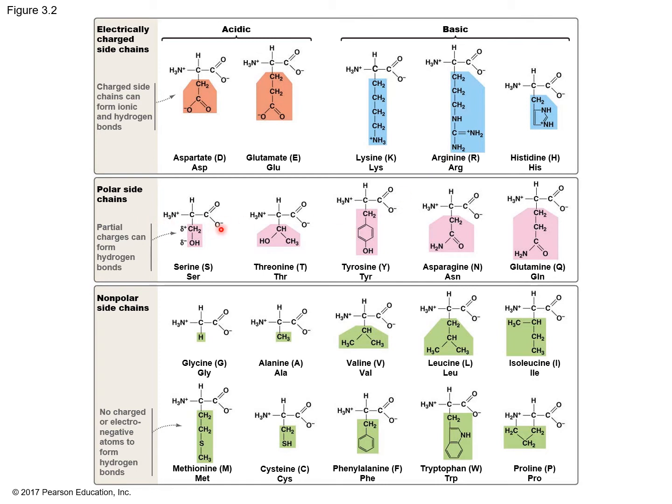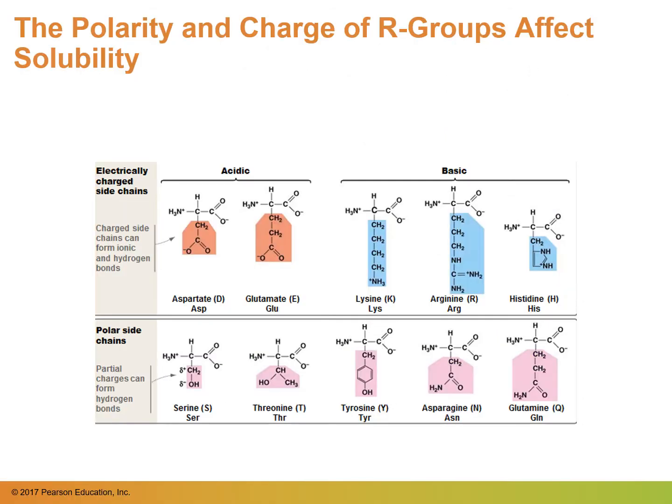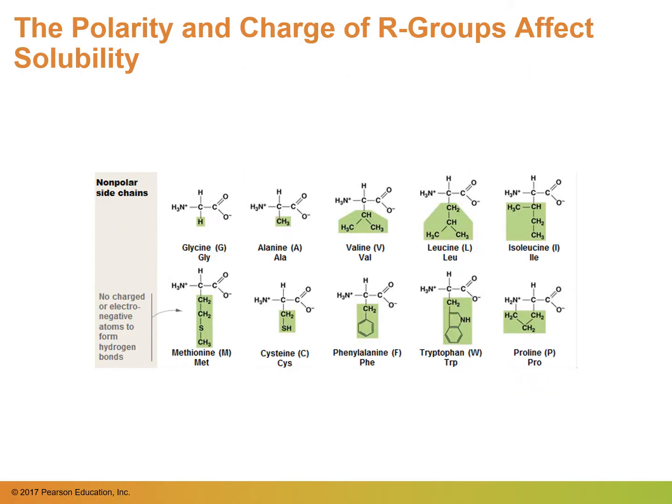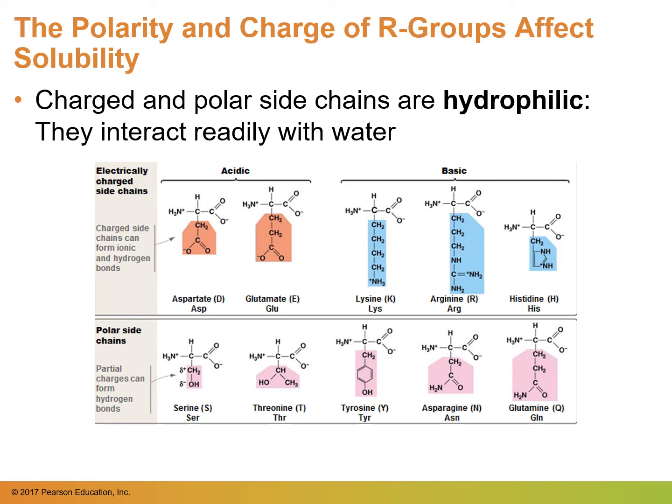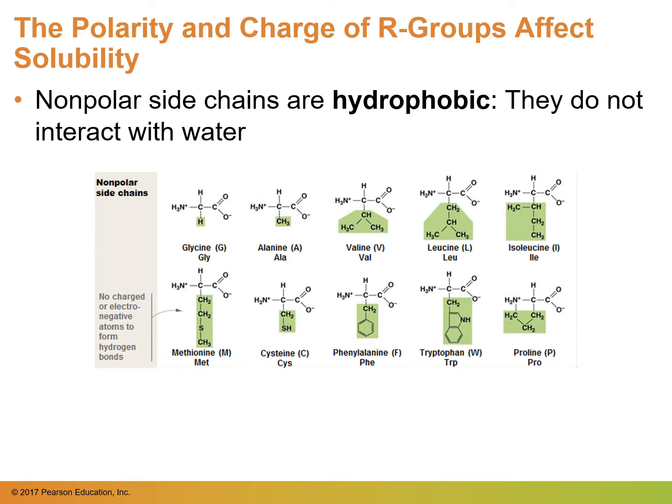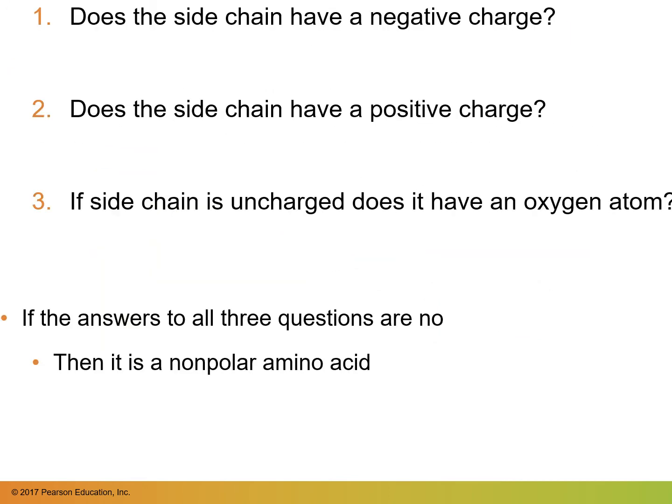We have the polar side chains, here in the pink. And then most of them are going to be under the non-polar side chains, here in the green. I'm going to skip through here as this is just a general overview of the whole chapter. We'll go into this much more in depth when we go through it in class.